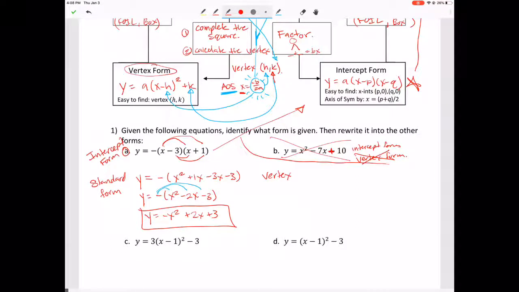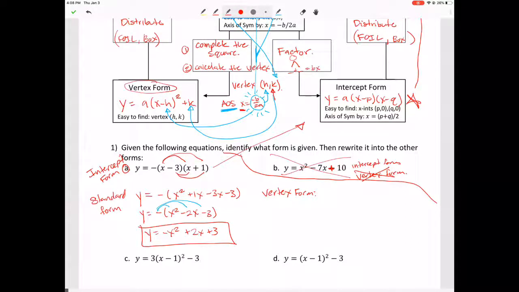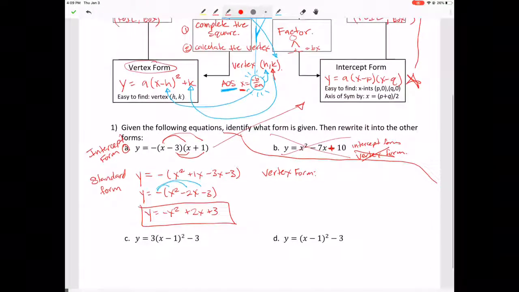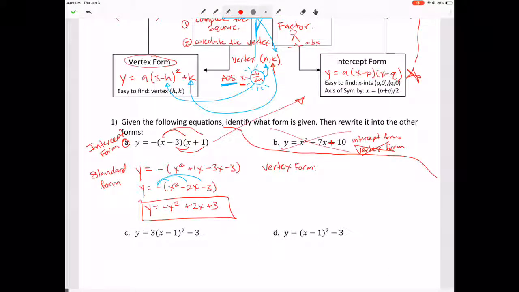This is all part of this problem for A. Okay, vertex form. You can use either of these two choices: completing the square, or you can just calculate the vertex. I am going to calculate the vertex. To get the vertex, we use our axis of symmetry, which is x equals negative b over 2a.